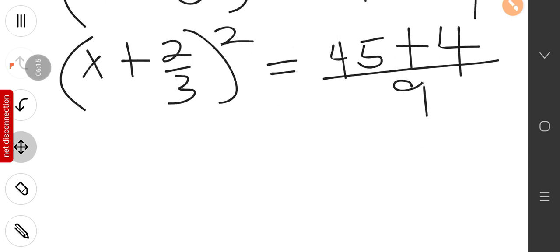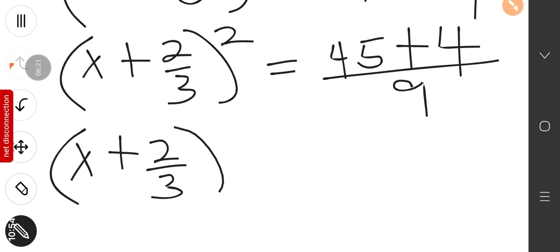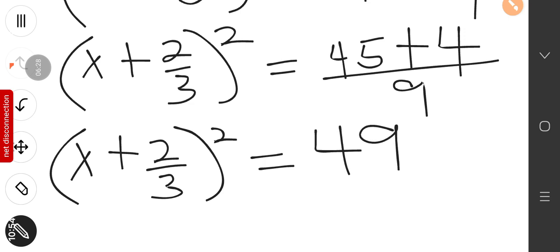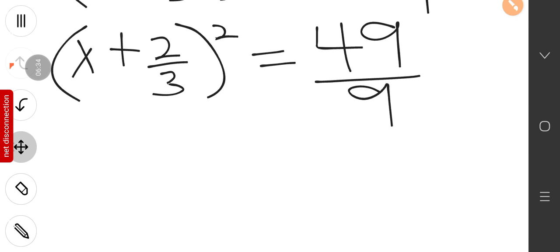So you're going to have (x + 2/3)² equals, now 45 plus 4 is 49, so we have 49/9.